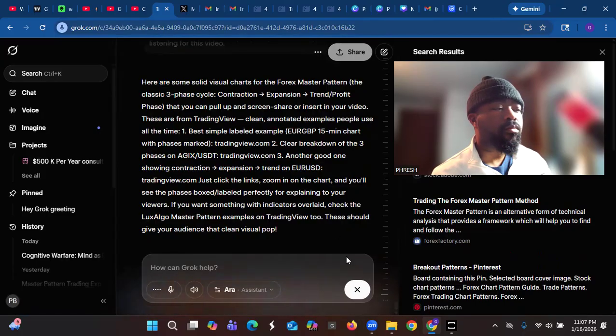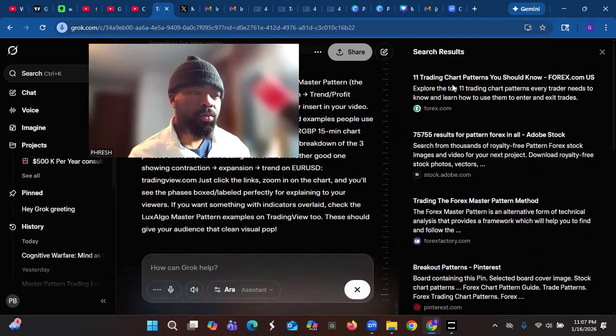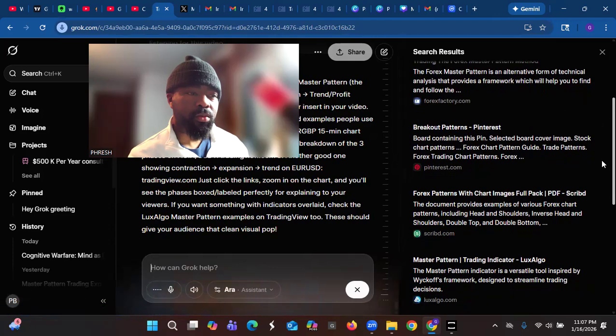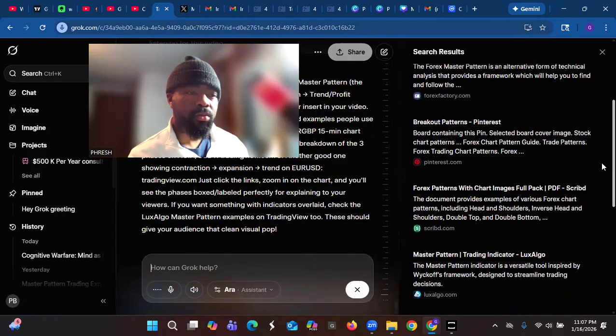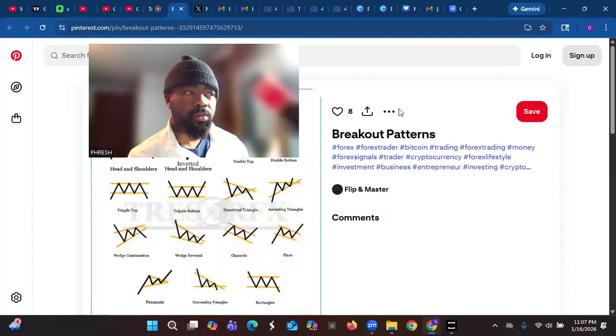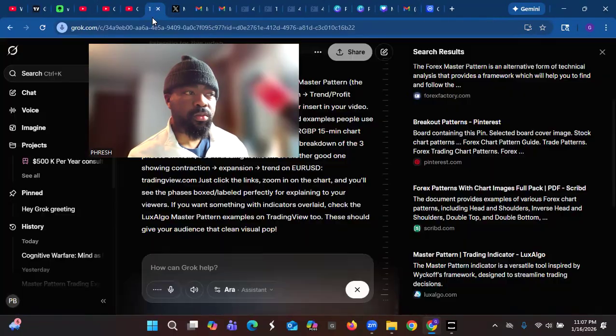Another good one showing contraction, expansion, trend on Euro USD. Just click the links, zoom in on the chart, and you'll see the phases boxed, labeled perfectly for explaining to your viewers. If you want something with indicators overlaid, check the Lux Algo Master Pattern examples on TradingView too. These should give your audience that clean visual pop.